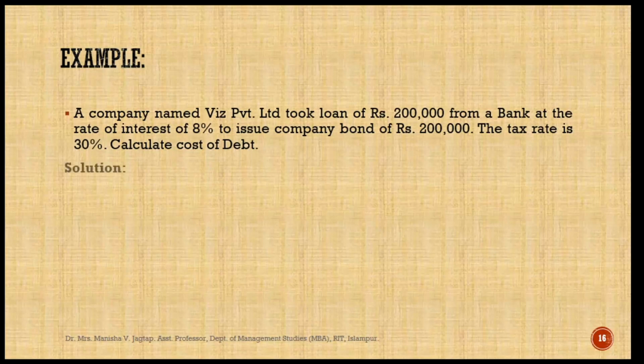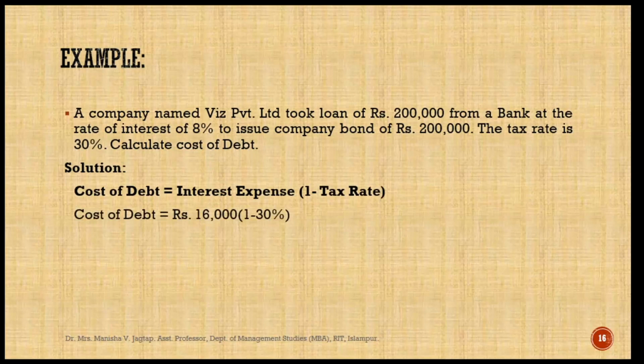First we will write the formula, then see what the interest expense is. Interest expense is 8% on the loan, that is, on the amount of 2 lakh. So 8% of 2 lakh is 16,000. Then into bracket 1 minus tax rate. The tax rate is already given to us as 30%. Like this, we will solve this particular example.